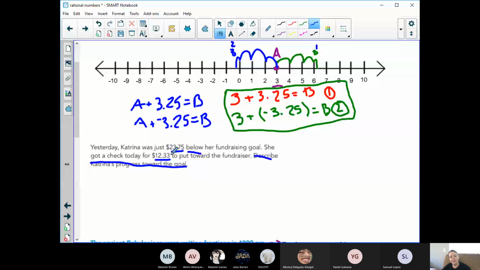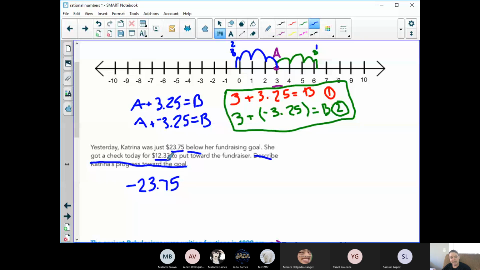So if she is $23.75 below her goal, is below going to be a positive number or a negative number? Right. So we're going to write that as negative 23.75.